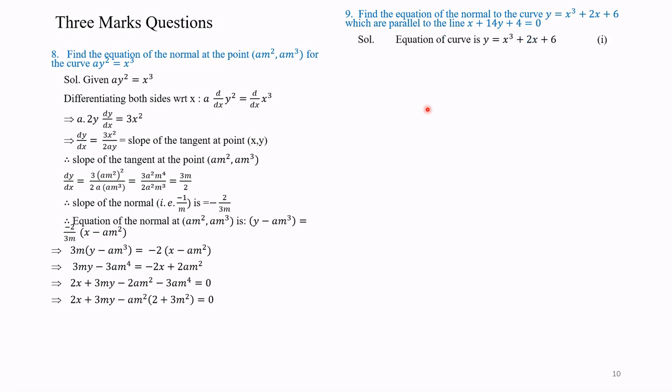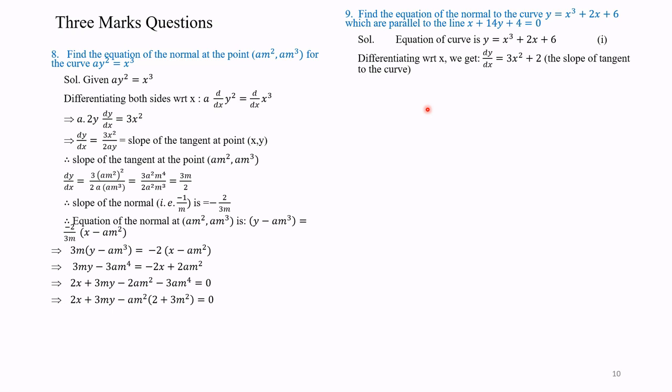Let us solve it. The equation of the curve is x cube plus 2x plus 6, which we have noted down from the question itself. Let it be equation 1.